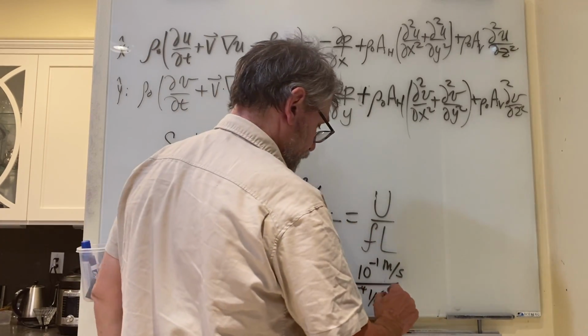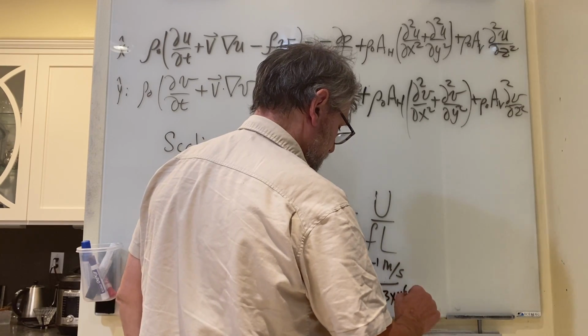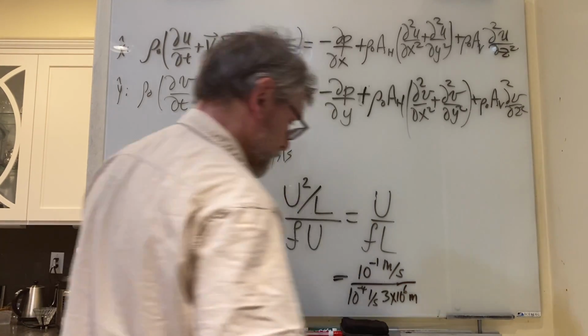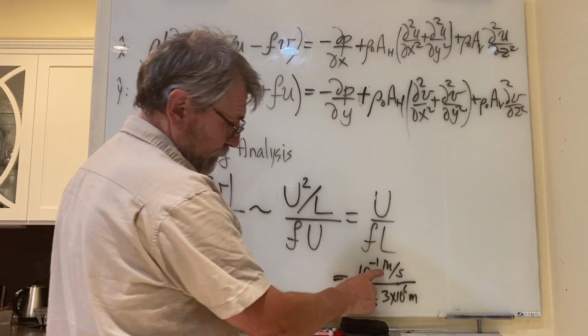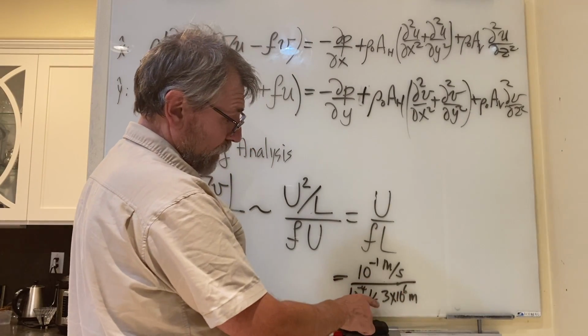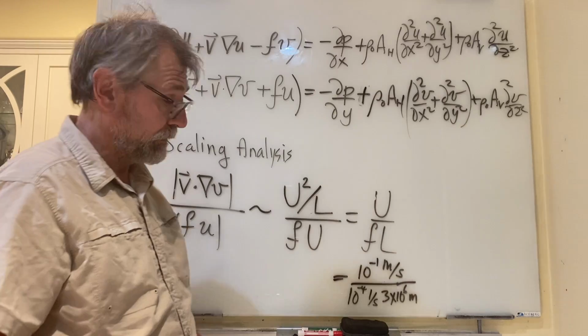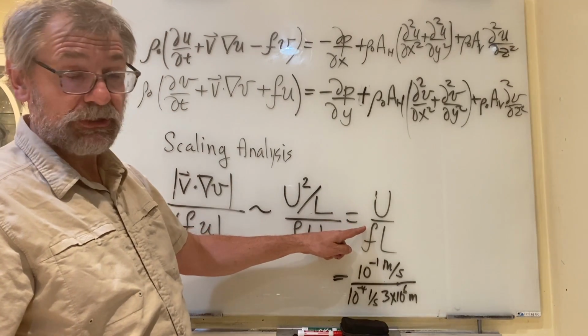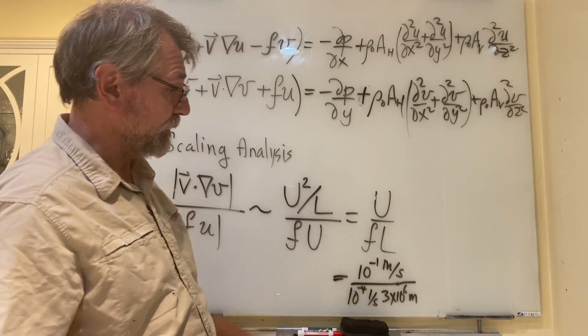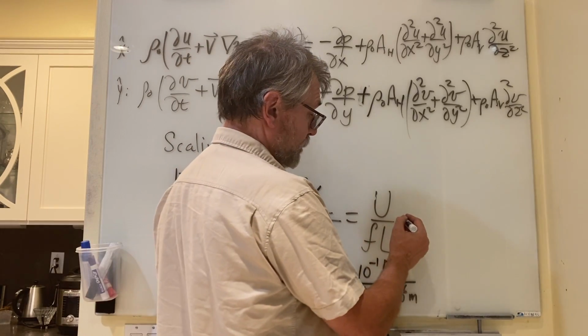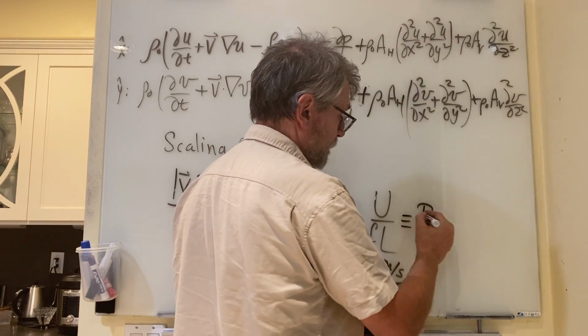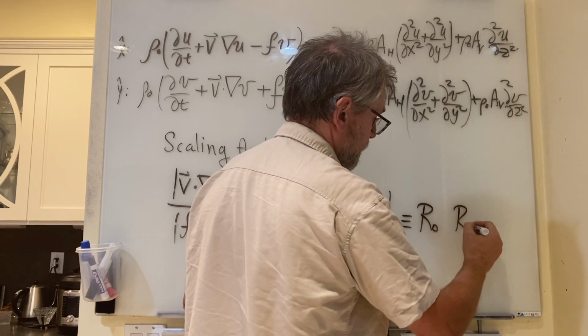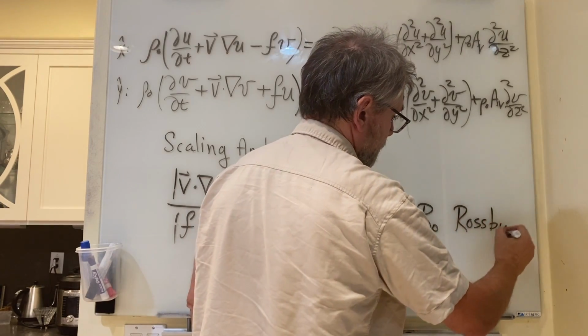L is about 3 times 10 to the 6 meters. So if you look here, you have meters per second on top and meters per second on the bottom. So all the units cancel out. So this is a dimensionless number. It's a pure number, there's no units, no dimensions. And we define it as the Rossby number, and that's the Rossby number.